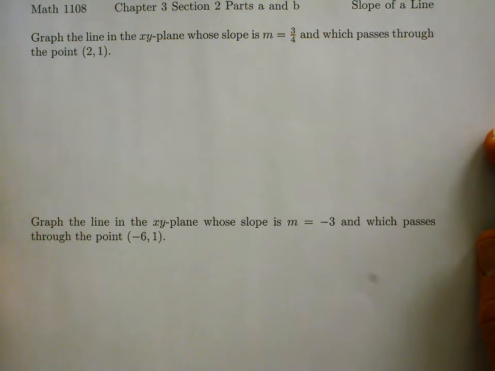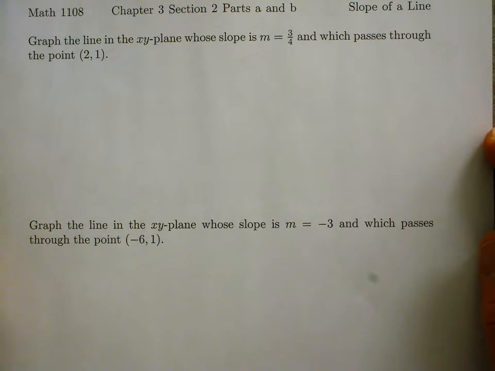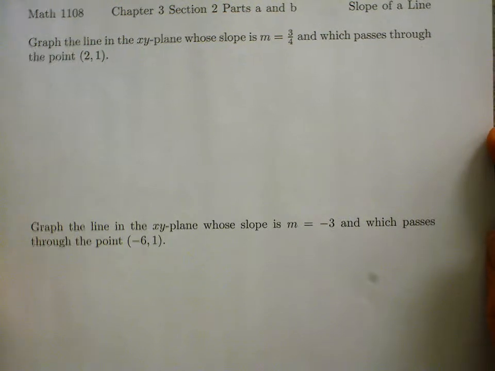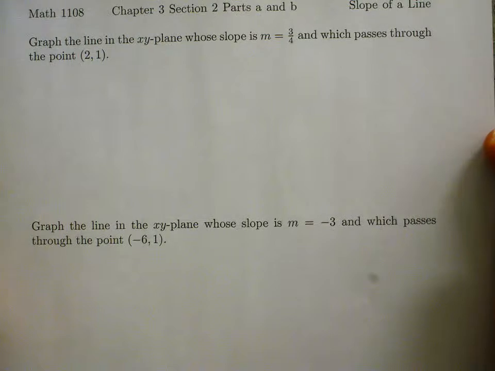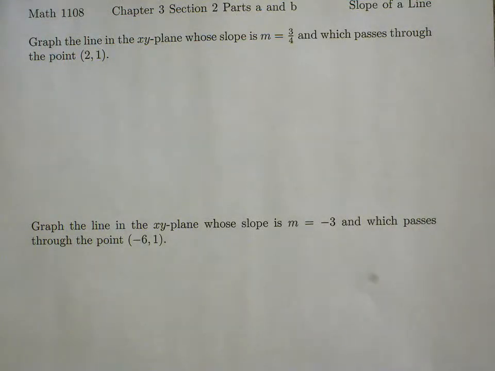So this is something we haven't done yet. This example is going to show you that you can graph a line if you know the slope of the line and an ordered pair of one point that's on the line.